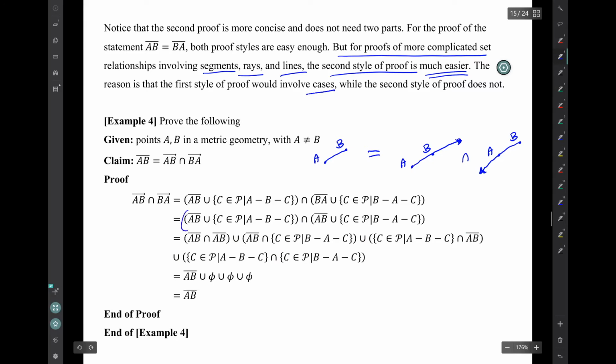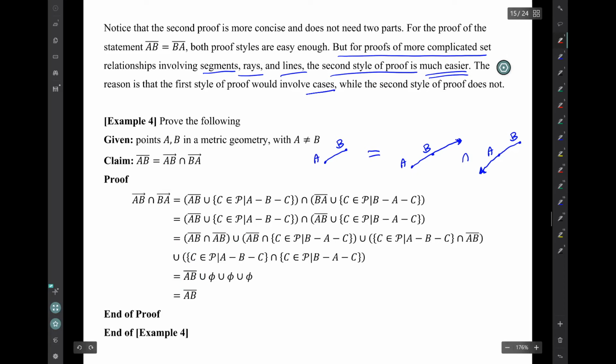So instead of these 2 big expressions with an intersection between them, I have 4 smaller expressions with unions between them. Now those smaller expressions can be simplified a lot. AB intersection AB is just AB. That's easy.